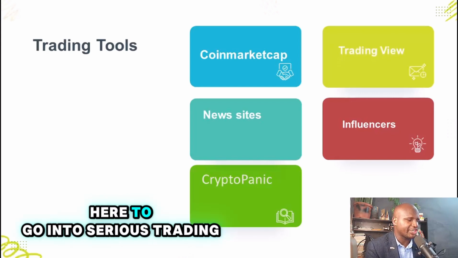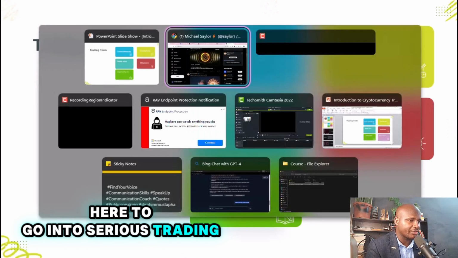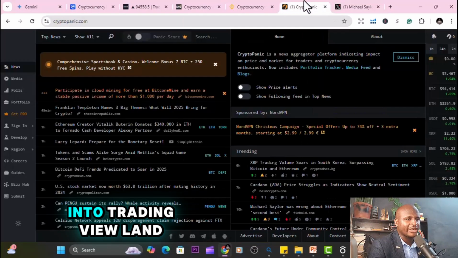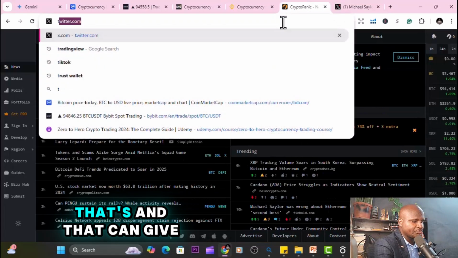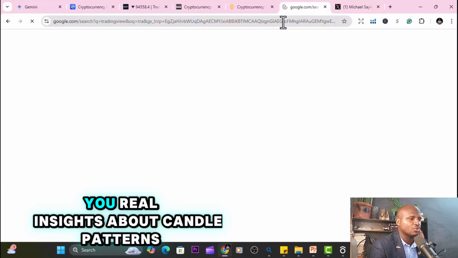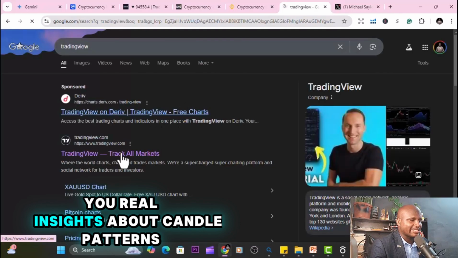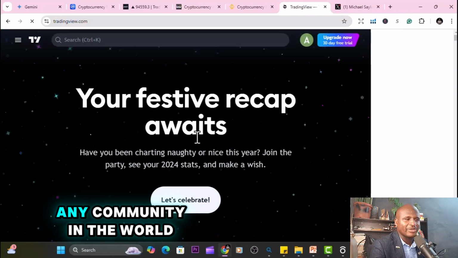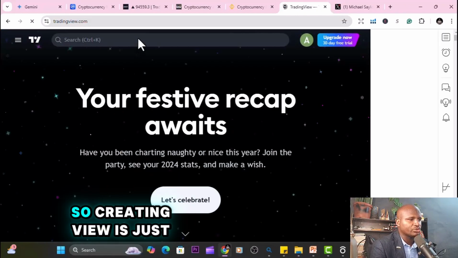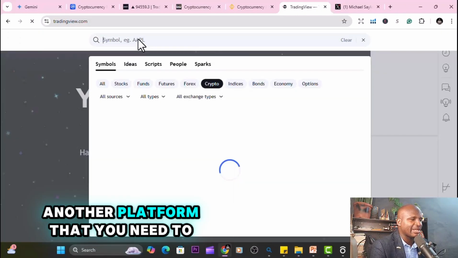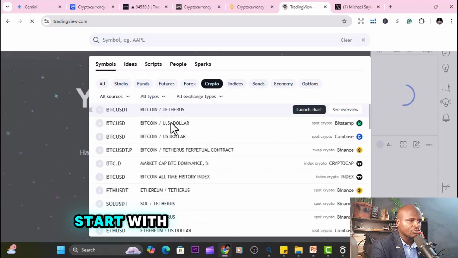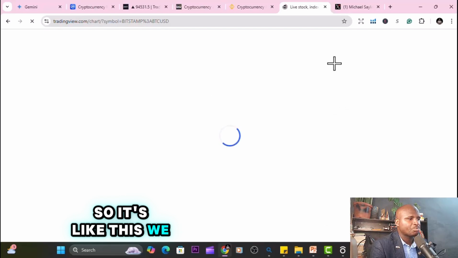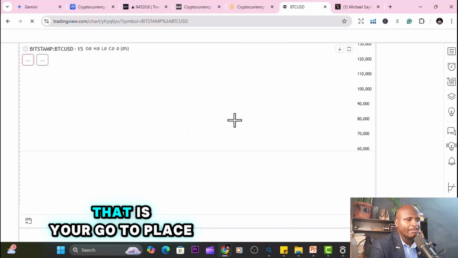As we are here to go into serious trading, TradingView is also important, and you need to get into TradingView and learn it, and it can give you real insights about candle patterns, chart patterns, price action of any commodity in the world. So TradingView is also another platform that you need to start with. We call that TradingView, and that is your go-to place.